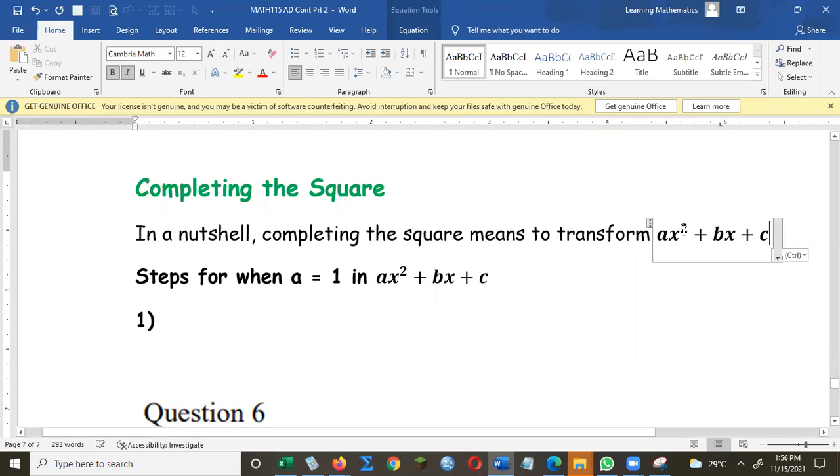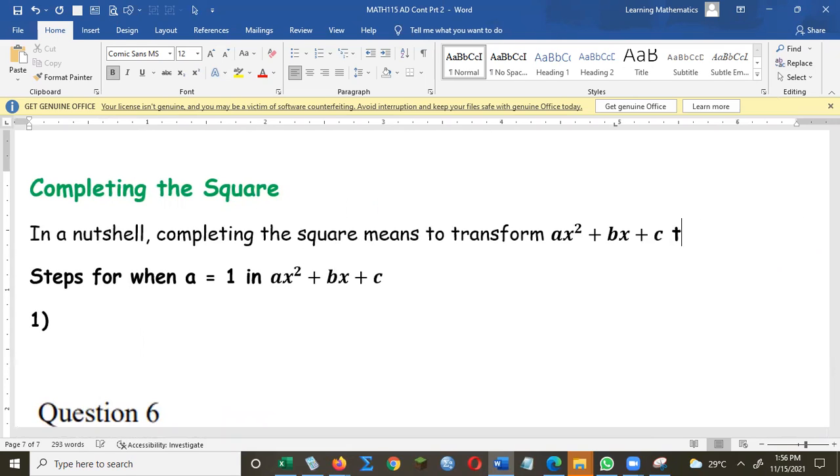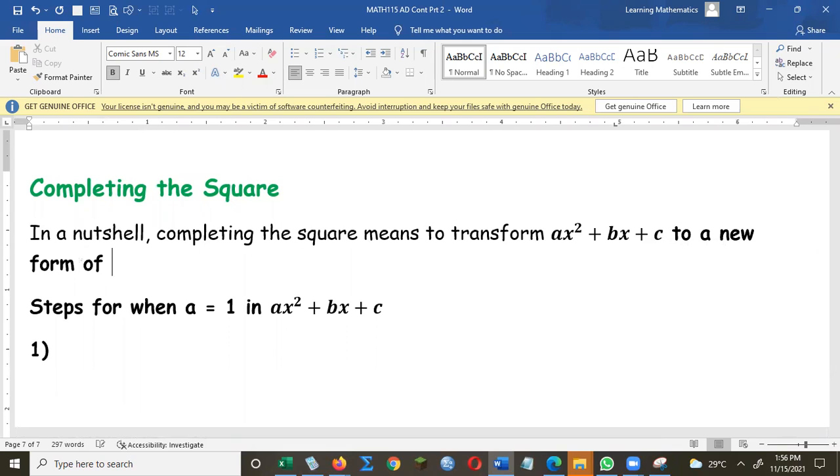It means to do a transformation on ax squared plus bx plus c to a new form. After we work a process on ax squared plus bx plus c, our answer is going to look like this.